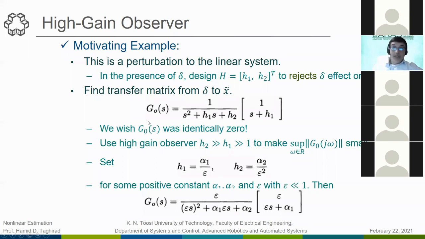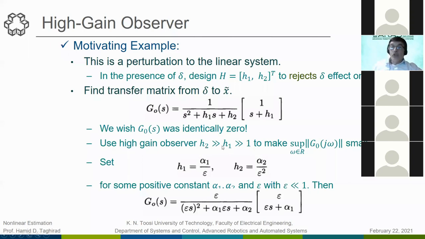So, designing a high gain observer, H1 and H2 should be large. Of course, they are also not the same dimension. I will talk about it in the next case, since one of them is multiplied by the derivative and the other one is just with its own delta function.